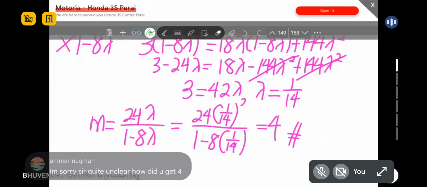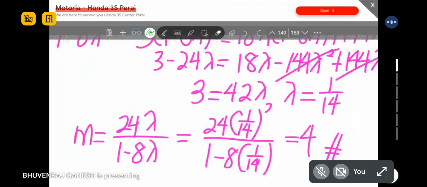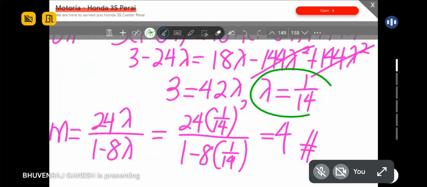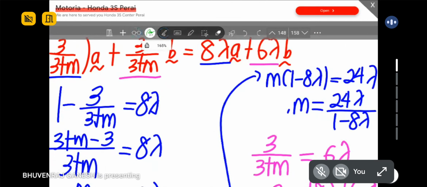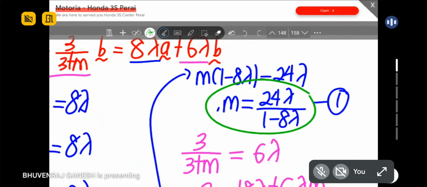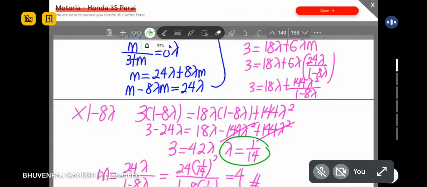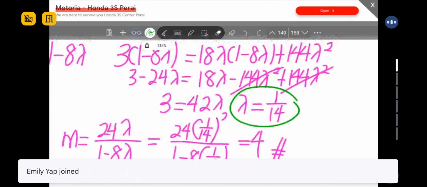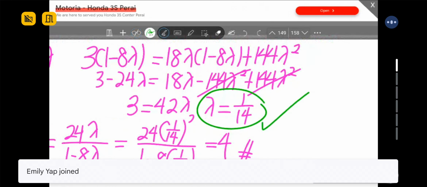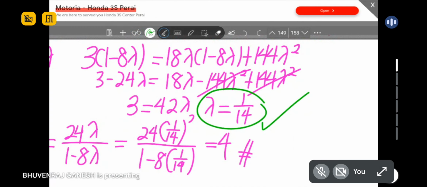Okay? How did I get 4? I just substitute the lambda value that I got, which is 1 over 14, into the equation over here. Because just now I got this equation, right? So I substitute lambda equal 1 over 14, then I press calculator and get 4. First, you must agree that lambda equals 1 over 14.